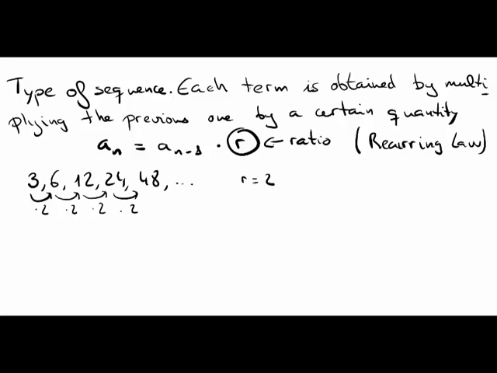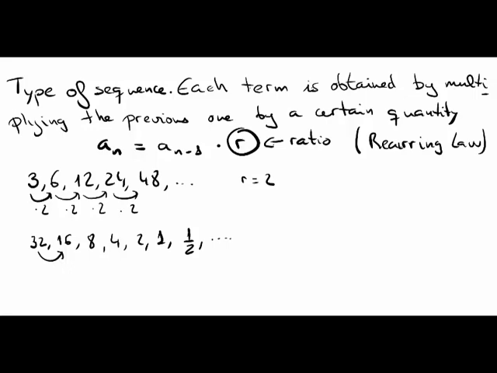But don't let yourself be mistaken, because, for example, here I could say, when I go from the first to the second, I'm dividing. No. In geometric sequences, I always have to multiply. It's the same as when the difference is negative in arithmetic progressions.